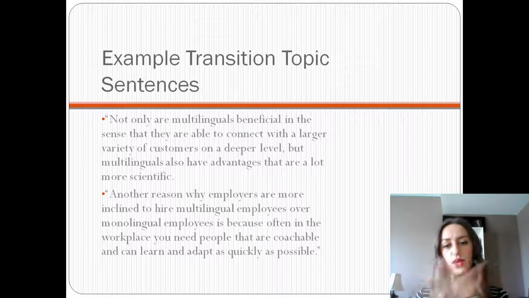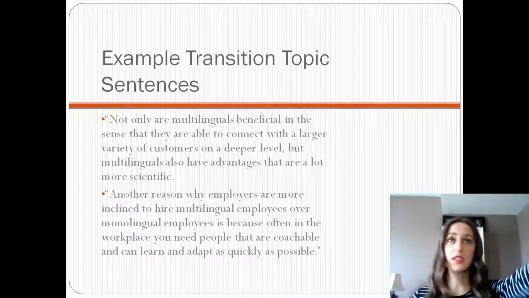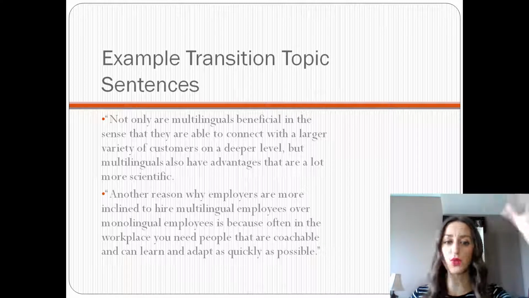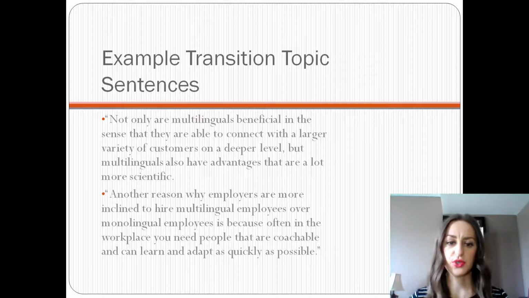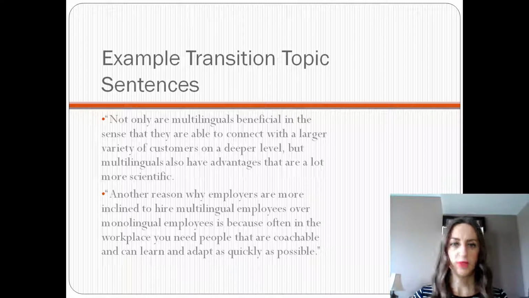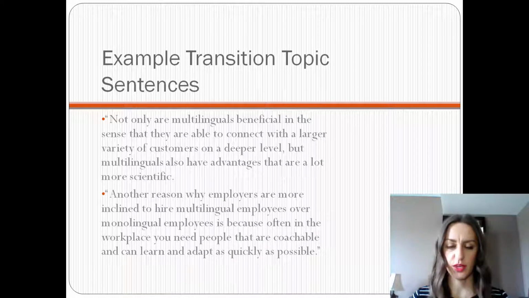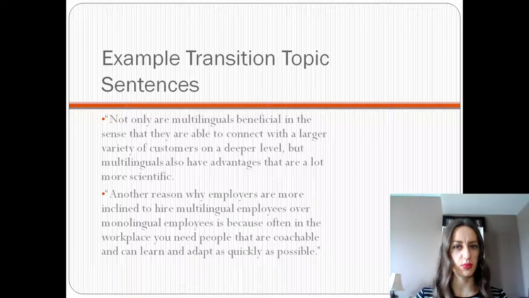Another reason why employers want to do this. So we've been talking about reasons why employers want to hire multilinguals, and here's another reason. It's a good transitional phrase, and then it also introduces the new topic. It's because you need people that are coachable and can learn and adapt as quickly as possible. That's what this paragraph is going to be about. Okay, so you do see how that works as a pretty solid transition topic sentence as well.